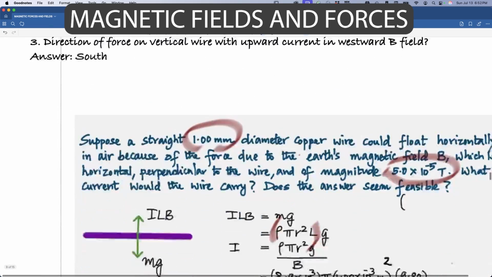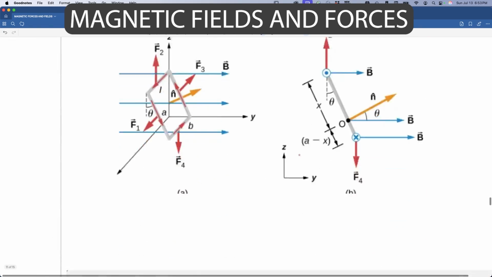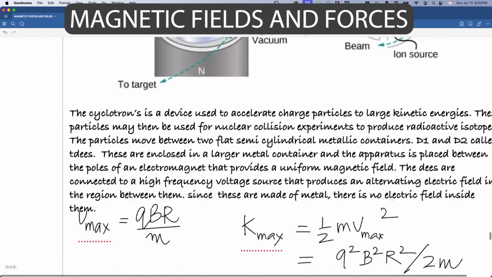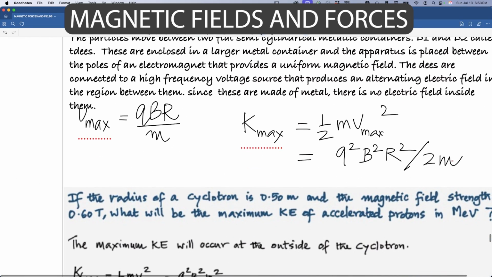So that's what we have used here to find the maximum kinetic energy. QBR by m. And now the 1/2 from here, and because it's squared, we have to square everything, and one of the masses gets cancelled. Okay, so remember that.